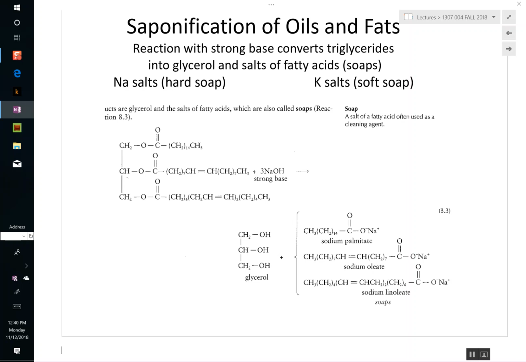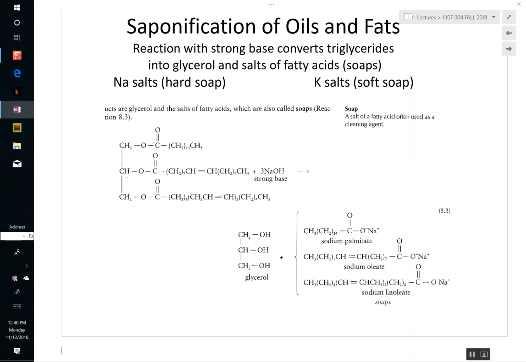I wouldn't expect you to draw a complicated triglyceride. I might say, draw one that has 3 stearic acids on it. It's got 3 stearates, so it's a pretty homogeneous one, with the same fatty acid all 3 times. I don't expect you to go into that kind of detail.